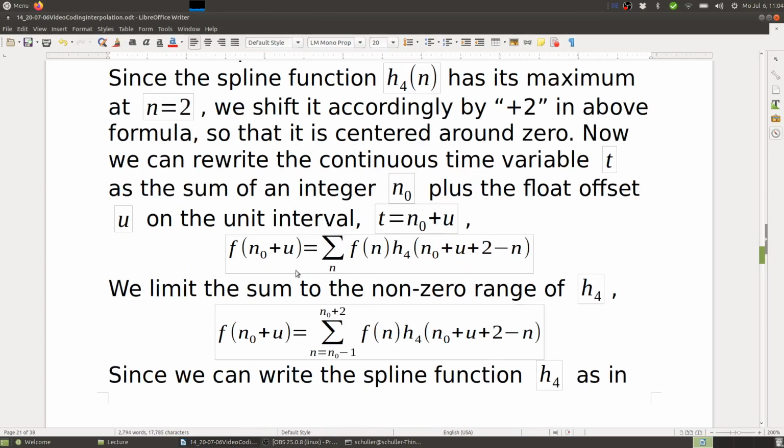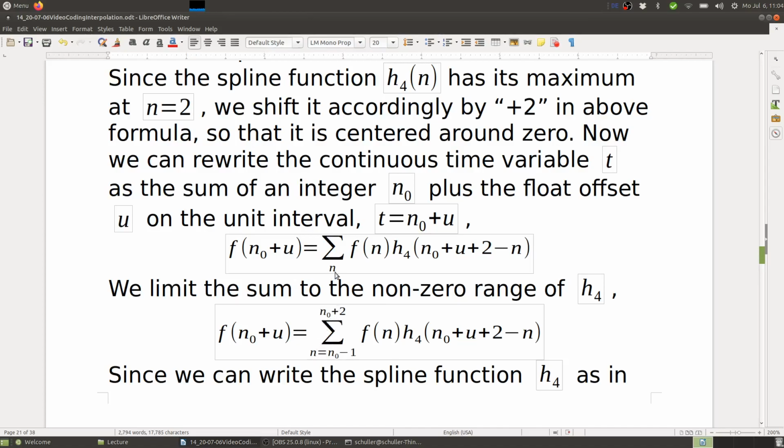Yeah, so then we can reformulate it in this way. So now instead of t, we have n naught plus u. Same here. And since we also know that our h4 has only limited length, starting at n naught, we can basically rewrite it over the sum.